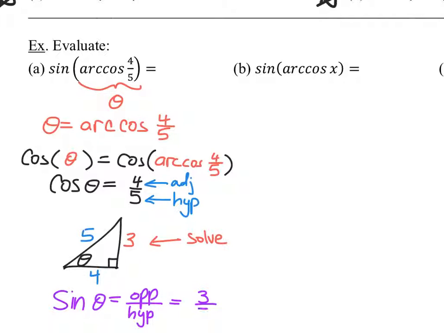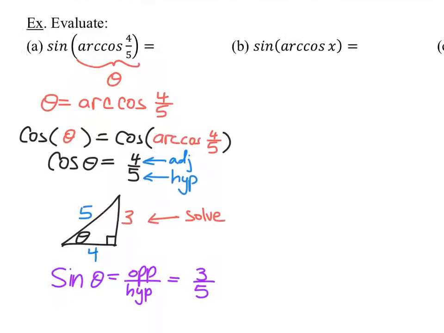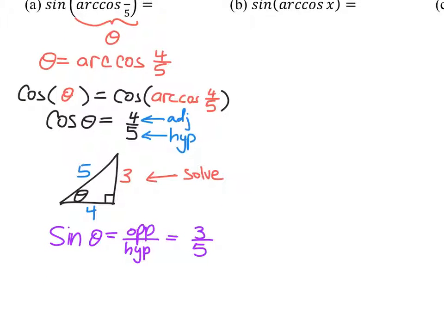The hypotenuse is 5. So the result is 3/5. And since theta itself is equal to the arc cosine of 4/5, what we now know is that the sine of the arc cosine of 4/5 would be equal to 3/5.